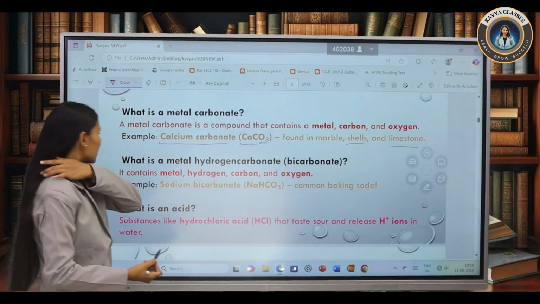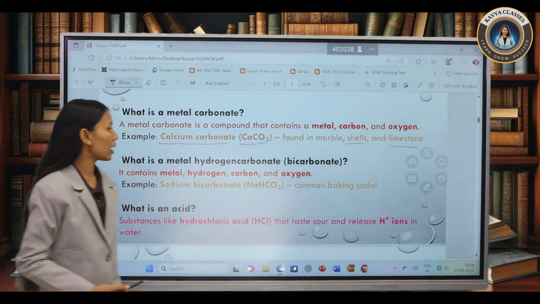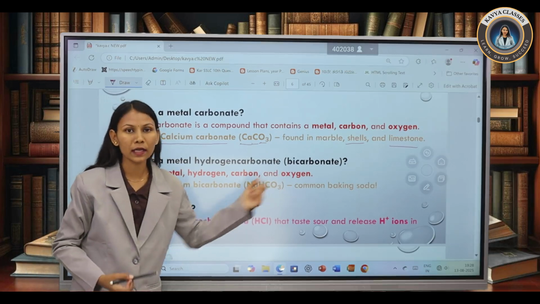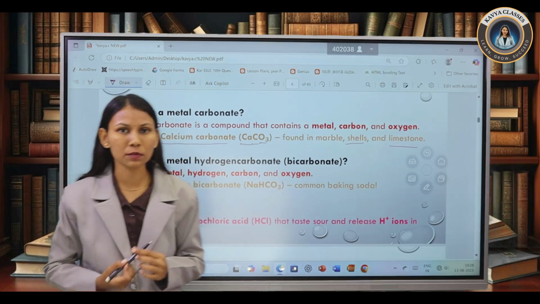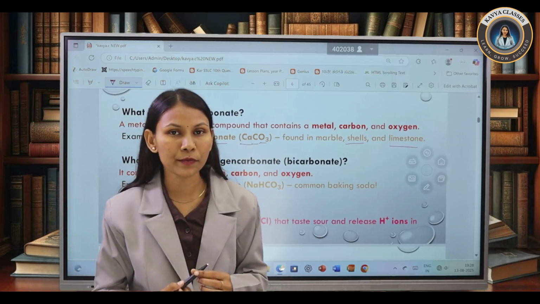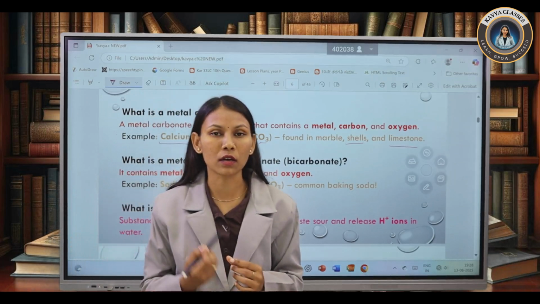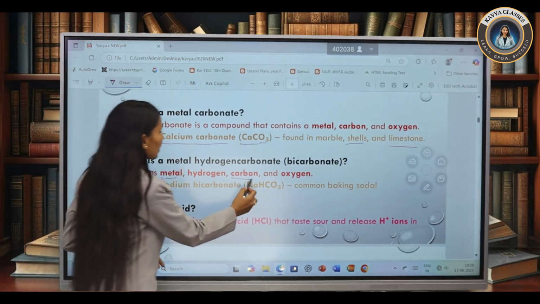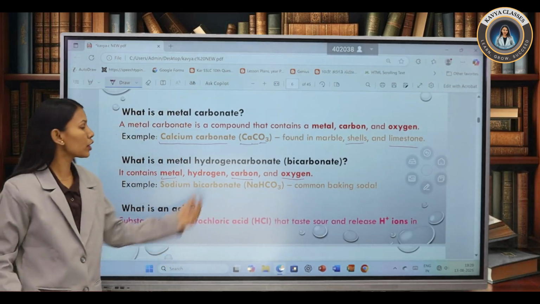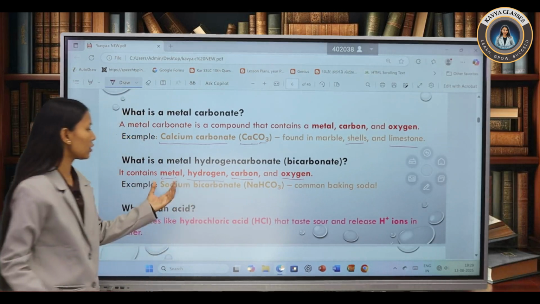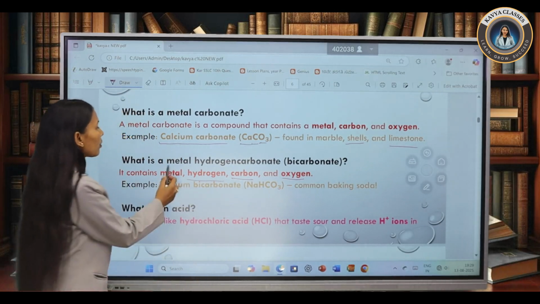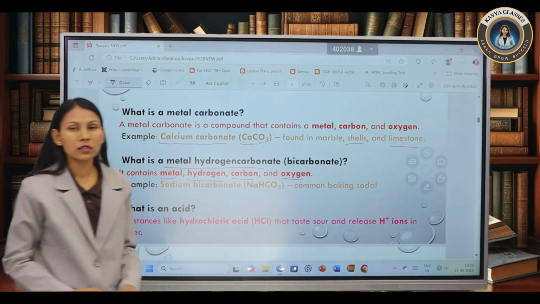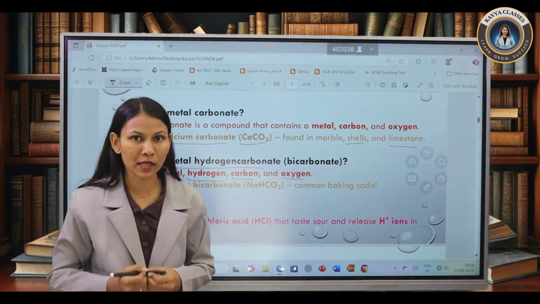Let's go to next. What is metal hydrogen carbonate or bicarbonate? What does this metal hydrogen carbonate consist of? Metal hydrogen carbonate also consists of metal, carbon, oxygen, and it also includes hydrogen. So these are the four elements that are there in the metal hydrogen carbonate. The best example is common baking soda.